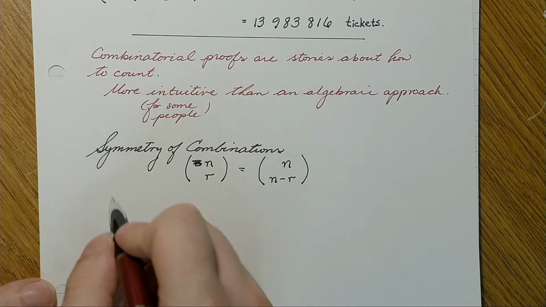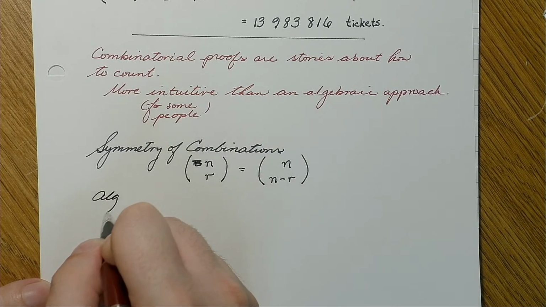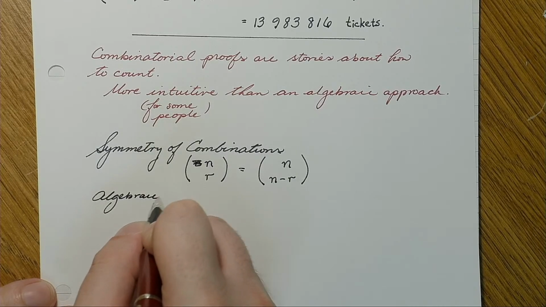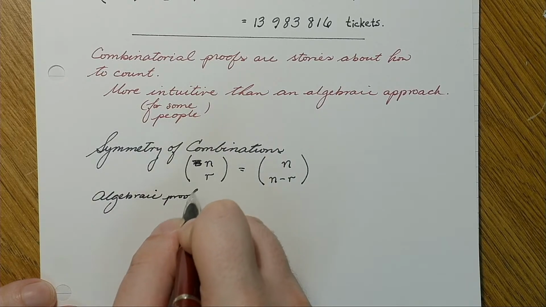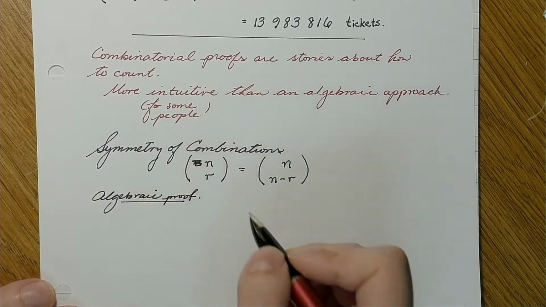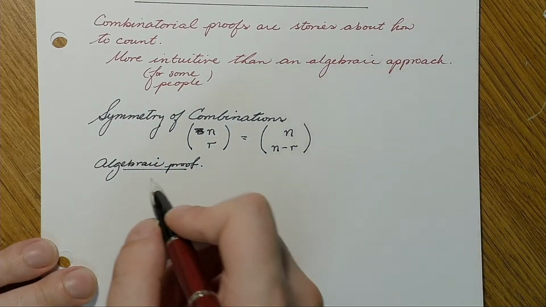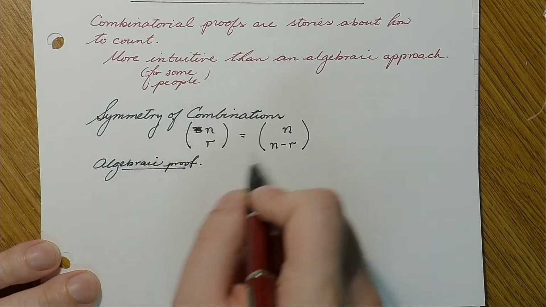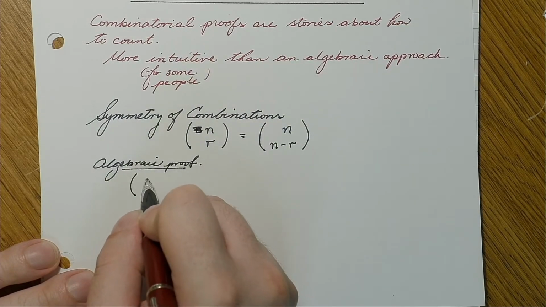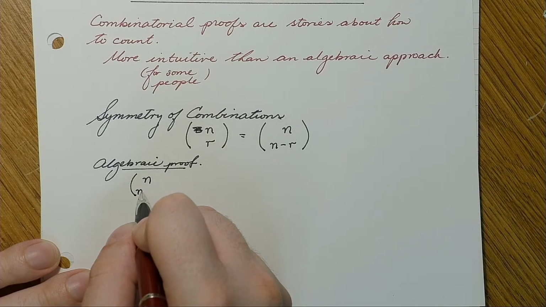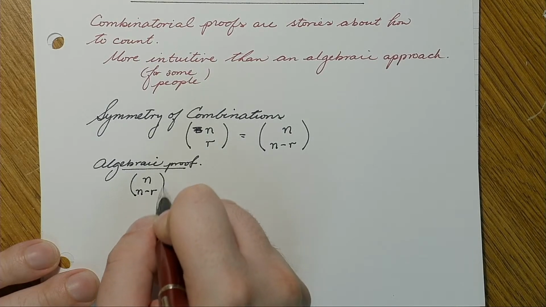So here's the algebraic proof. What we're going to do is I'll start with the right-hand side. So n choose n minus r.